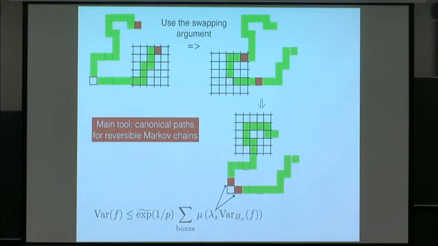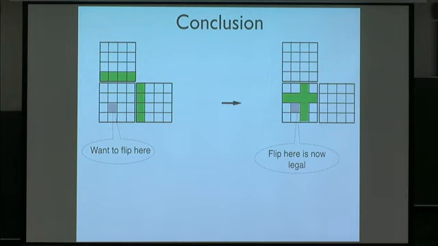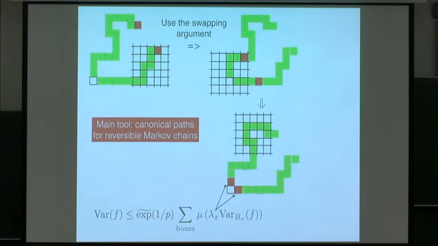We do that until we bring the two good boxes right around the box where we are computing this local variance. The main tool for that is canonical paths for reversible Markov chains, which is a standard technique nowadays.